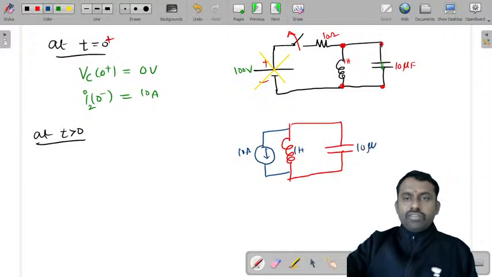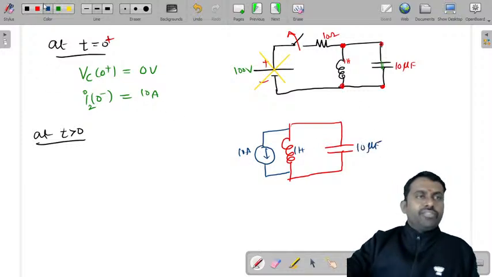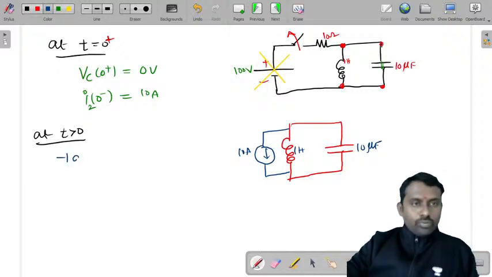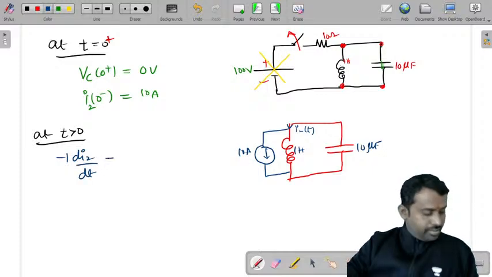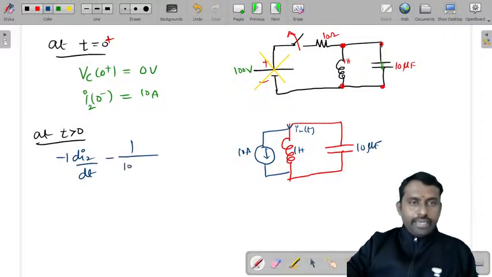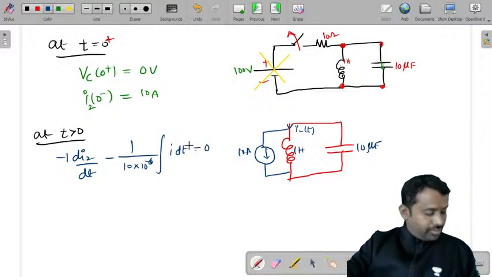This is 10 microfarad. Now if you write the equation, you can write minus 1 di2 by dt minus 1 by 10 into 10 power minus 6 integral I dt is equal to 0. This is I2 of t.